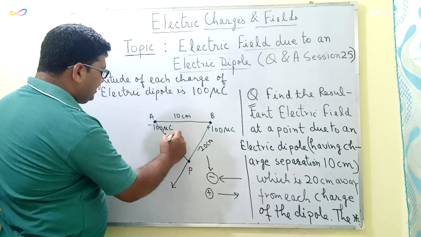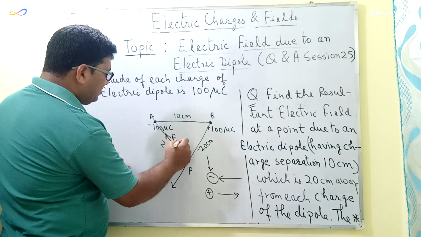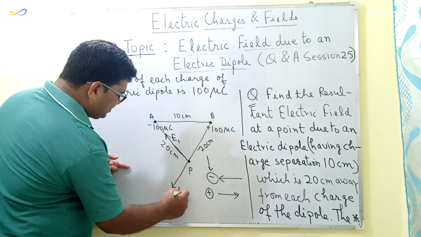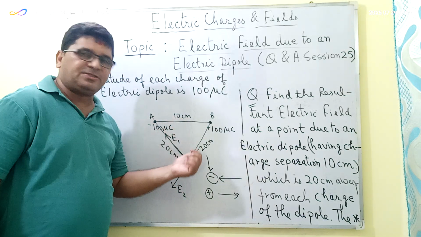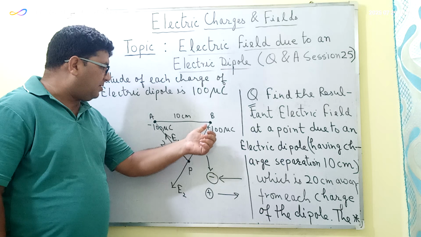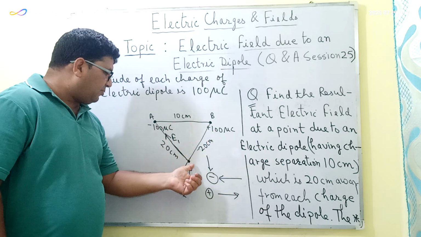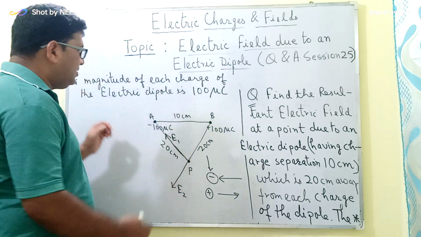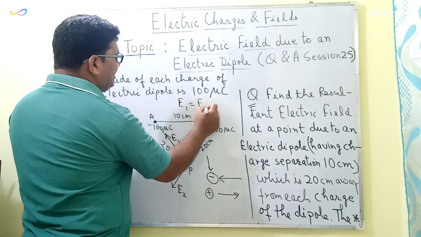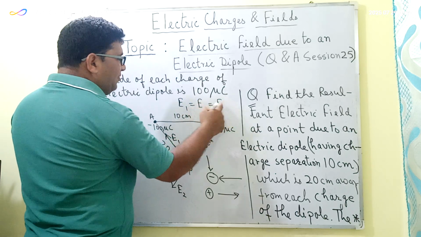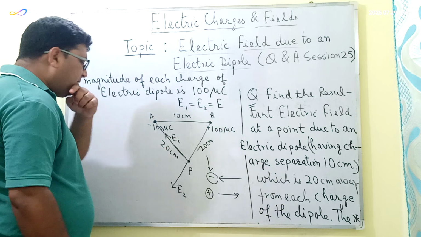Now let us consider that this is the electrical field E1 and this is E2. Here the magnitude of both these charges are the same, and the distance of both these charges from this point is also the same. So here E1 will be equal to E2, and let us consider that this is equal to E. We will find the value of E later on.